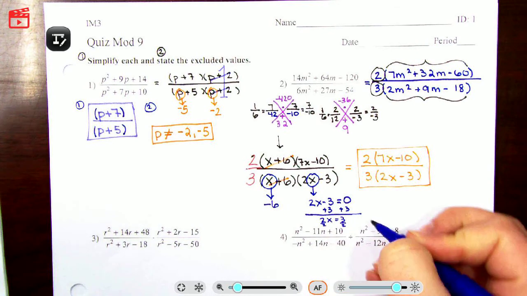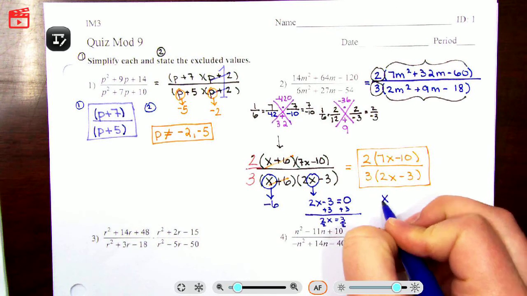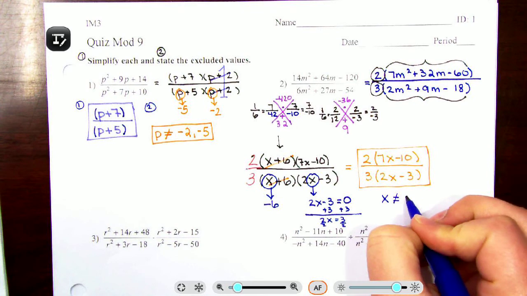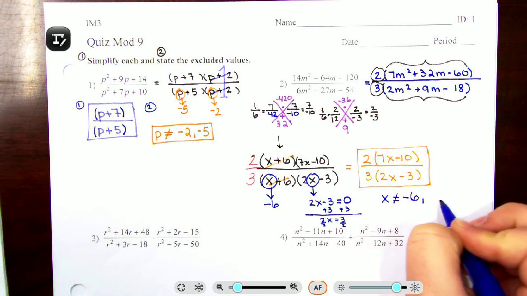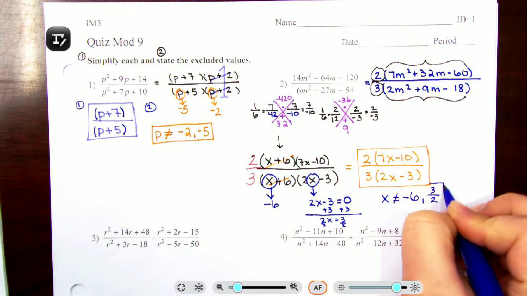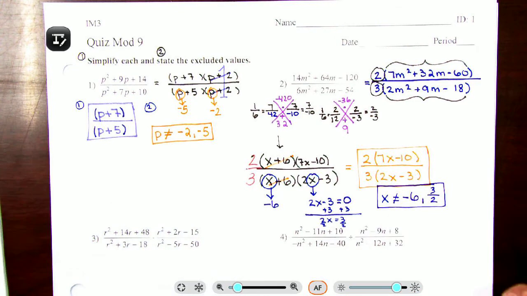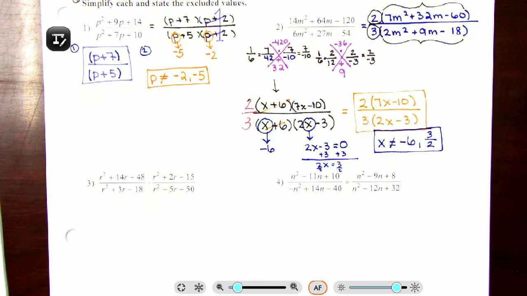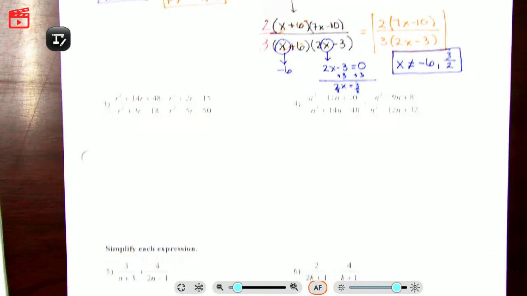Oh, I'm running out of space. So then therefore x cannot be -6 and it cannot be 3/2. If x is either of those, we get a 0 as our denominator and our world explodes. Okay, let's move on.